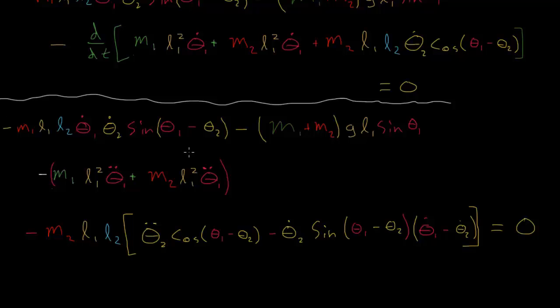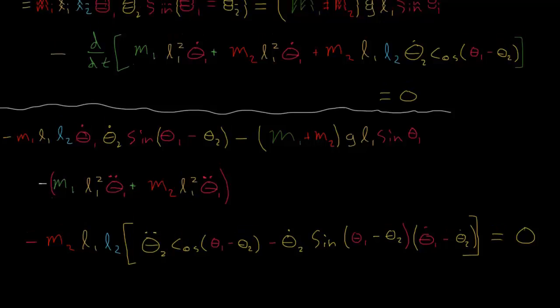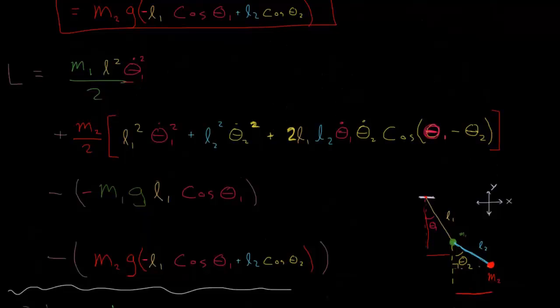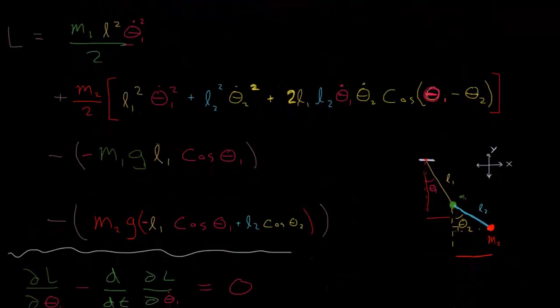Now if we look closely here, we can see that this term actually cancels with a term in here. Oh, now I've written an M1 as a red one, so let me check if that's actually supposed to be like that. M1 times the sine.